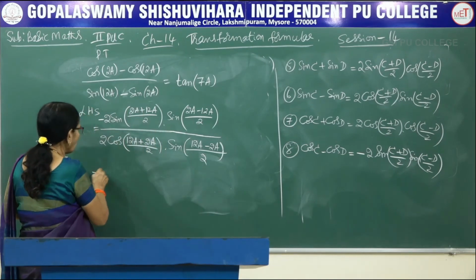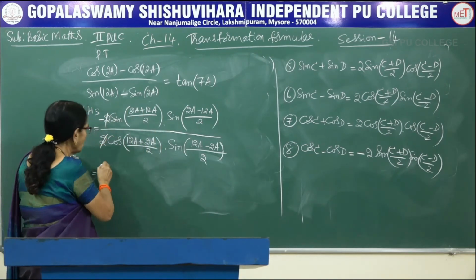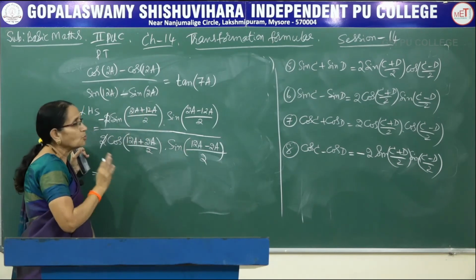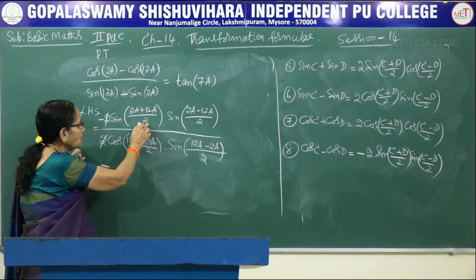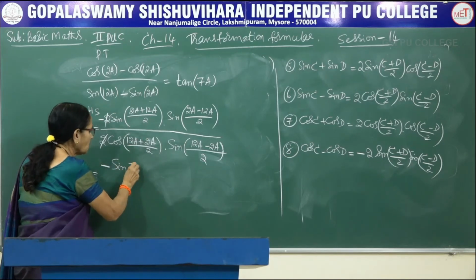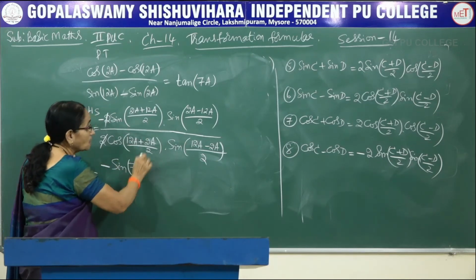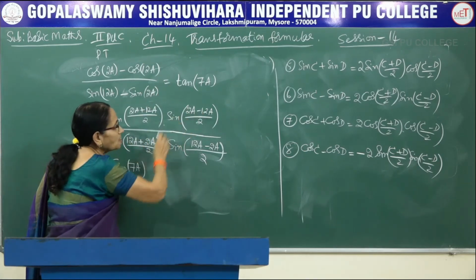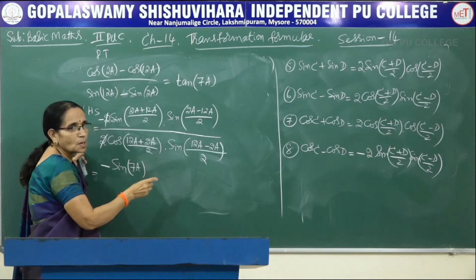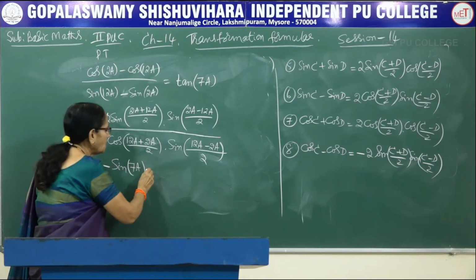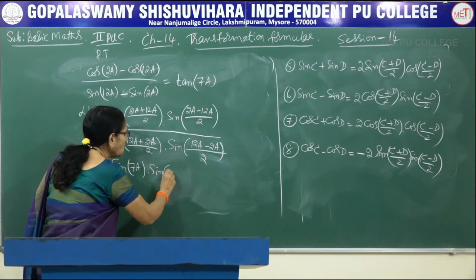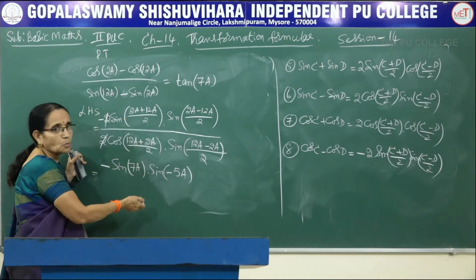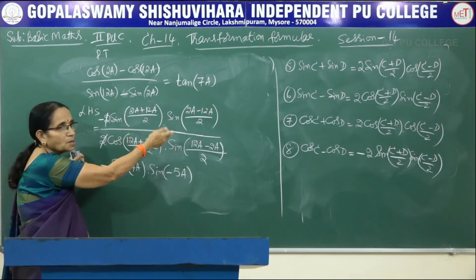Now, let us simplify. First you can cancel 2 here, keep that minus sign. 2 plus 12, how much is that one? 14. 14a divided by 2, that is 7a. The 7a we should have got, now we got it here. Now 2a minus 12a. So 2 minus 12 is minus 10a divided by 2, that is sin of minus 5a. If you cannot write it, write one more step: 14a by 2 minus 10a by 2.